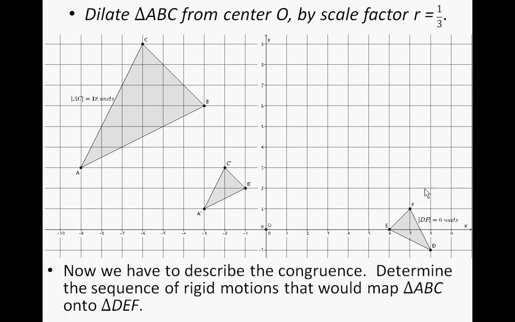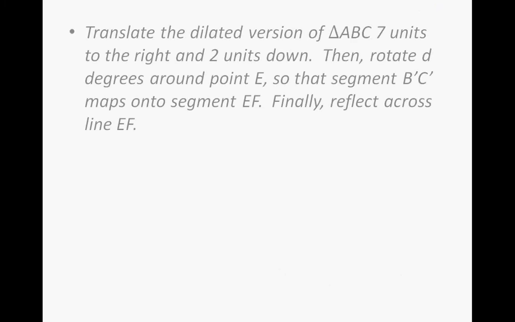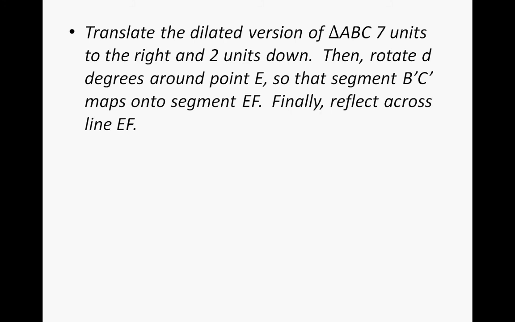So now we have to describe the congruence. So now we have this shape that hopefully is the same as this shape. Okay, now we need to get this over here so it maps on top of it. So determine the sequence of rigid motions that would do that. Well, you could translate the dilated version of ABC 7 units to the right and 2 units down.